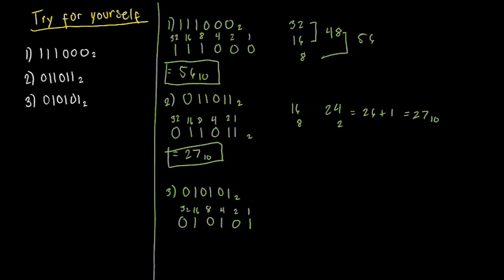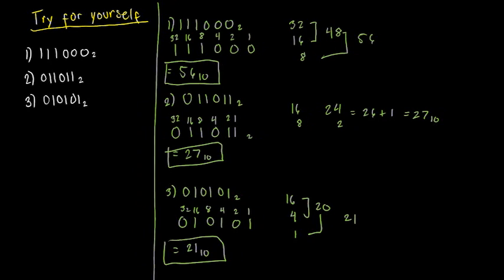So you have 16 plus 4 plus 1. So what's 16 plus 4? 20 plus 1, which is 21. So the decimal number would be 21 base 10.